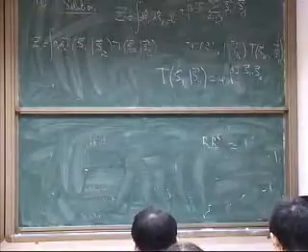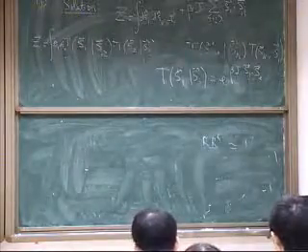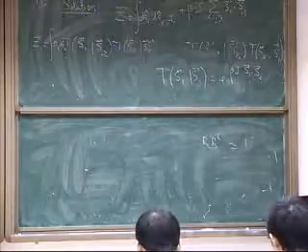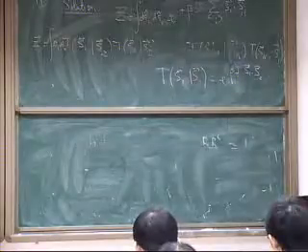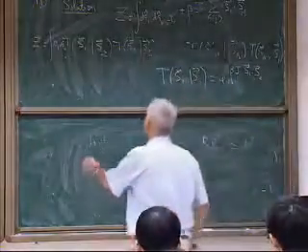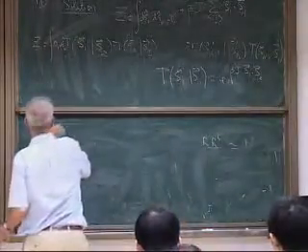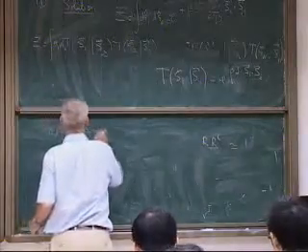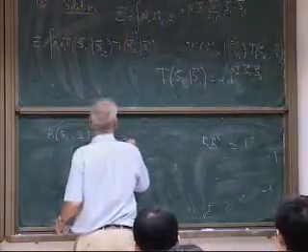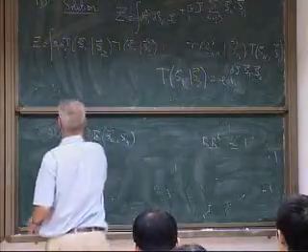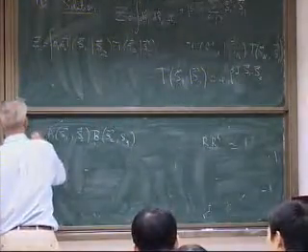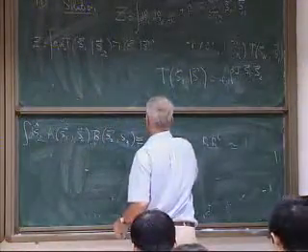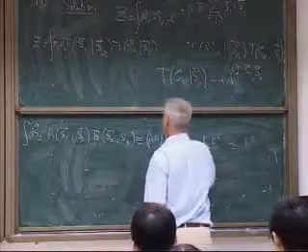The same story, except that instead of a sum on spin, it's an integral on vectors. But it has the same structure of matrix product. In other words, if I take two matrices, A of S1, S2 and B of S2, S3, integral ds2, I will call that, by definition, AB of S1, S3.